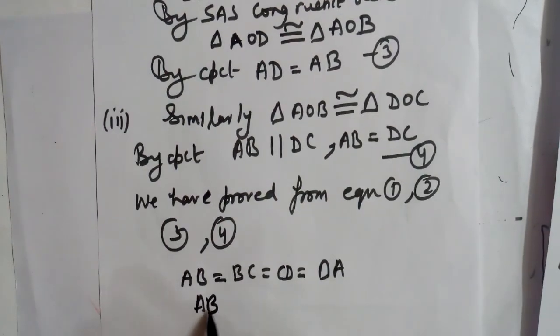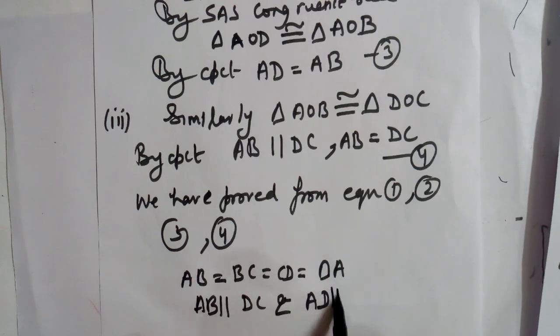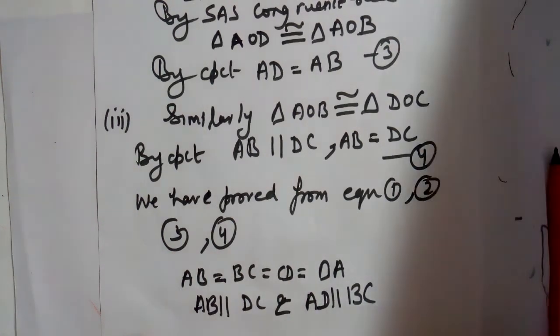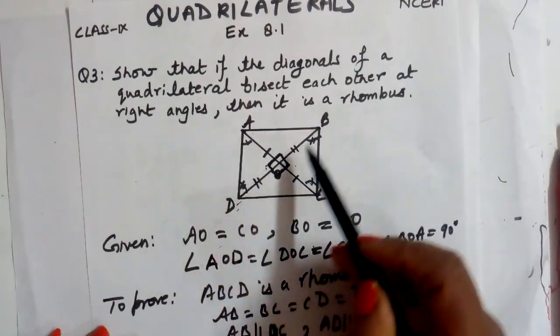Okay, and AB is parallel to DC and AD is parallel to BC.